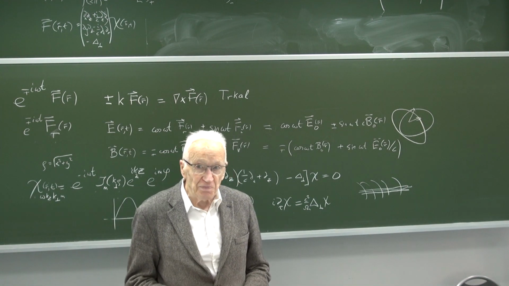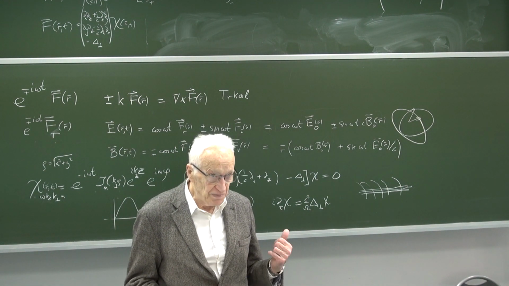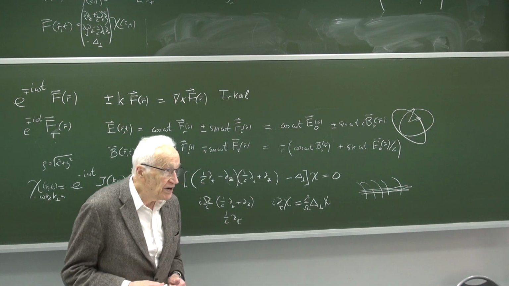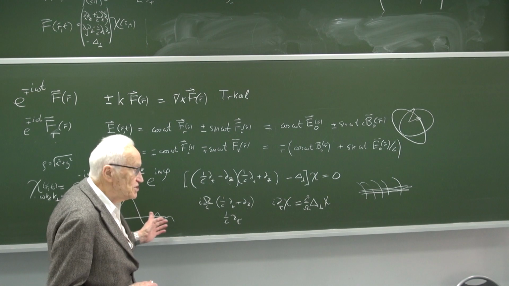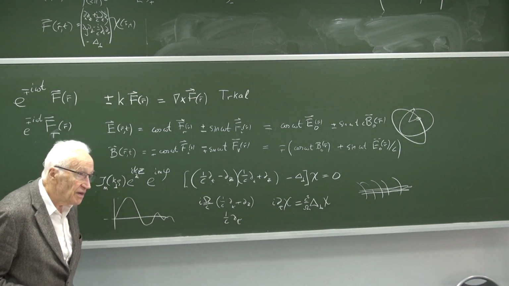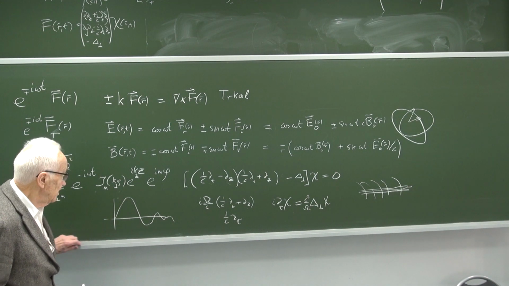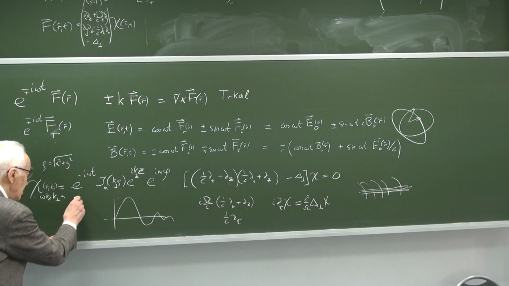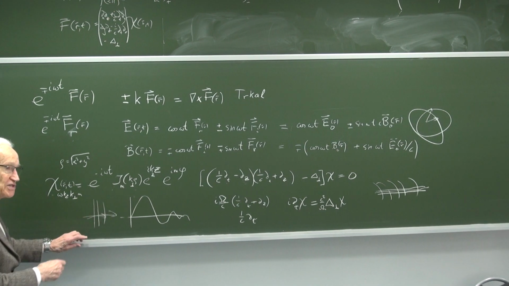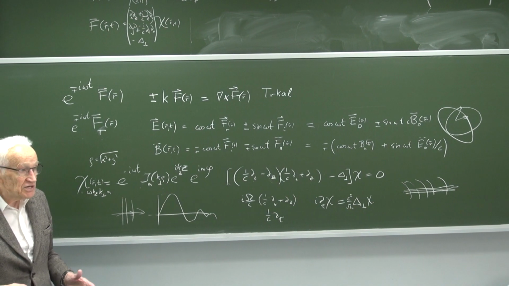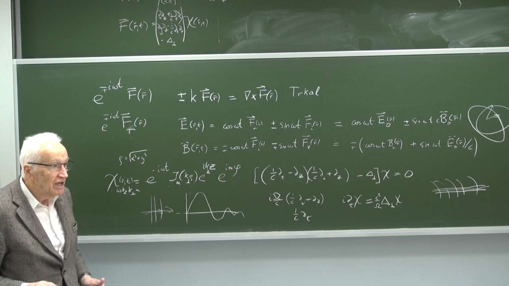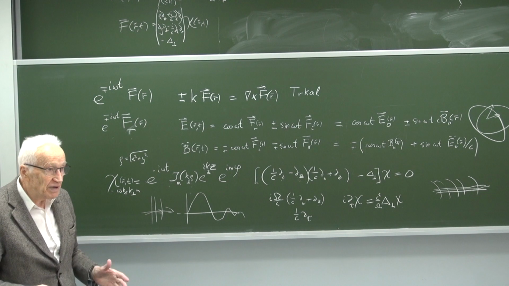However, the price you pay for the Bessel beams to be non-dispersive is very high. These beams are non-physical for the following reason. When you find the energy that is transported by such a beam, the energy is infinite. That is the price you pay for having non-dispersive beams.